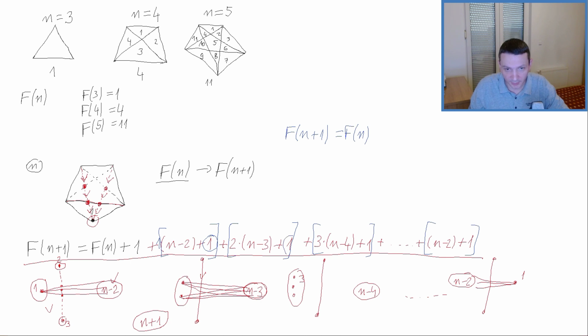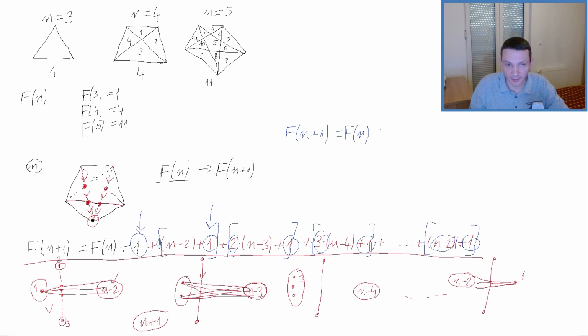We have a new one for this 2, plus 1 again for this 3, and at the last, this for this n minus 2 times 1. So we have in these brackets in blue n minus 2 of these ones, and also we have 1 here.